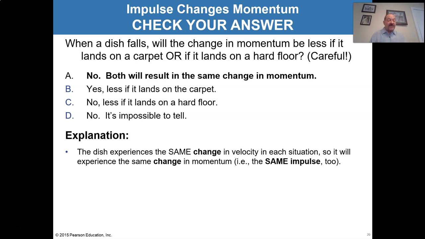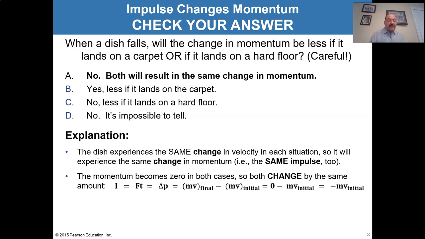So the same change in velocity and the same mass means they changed the same momentum, the same impulse. If the momentum change is the same, the impulse is the same, the change between mv final and mv initial is the same.